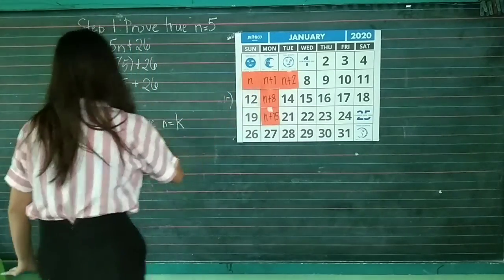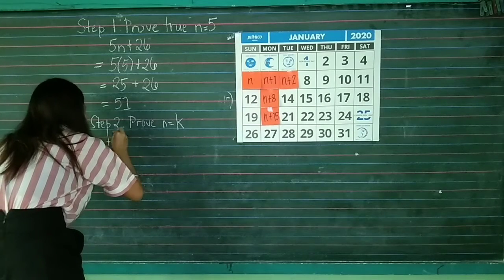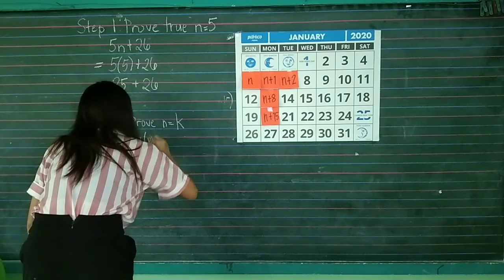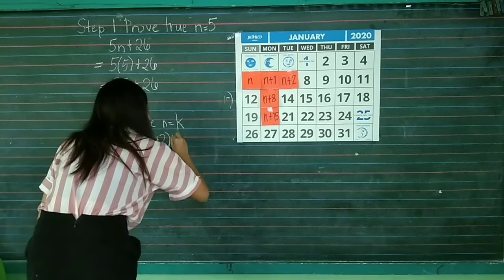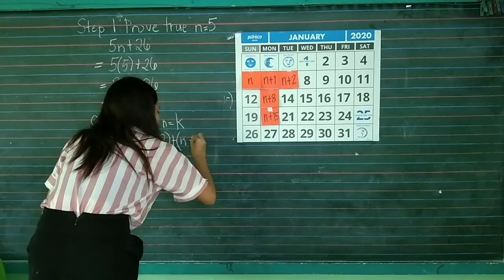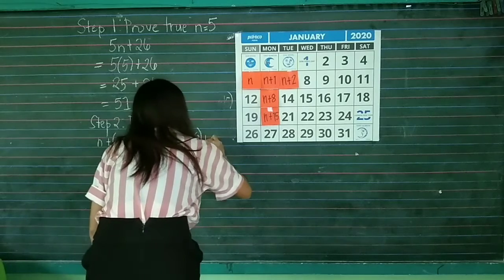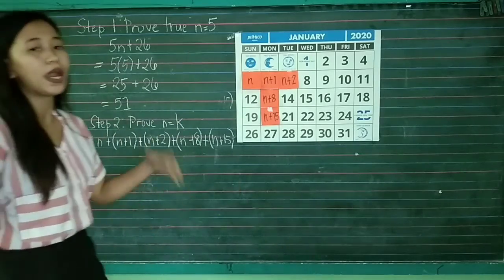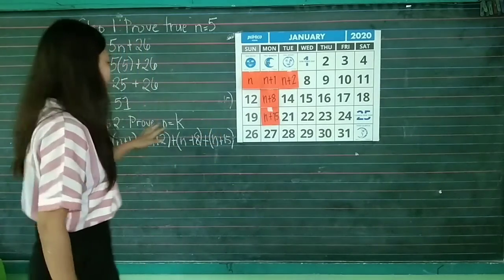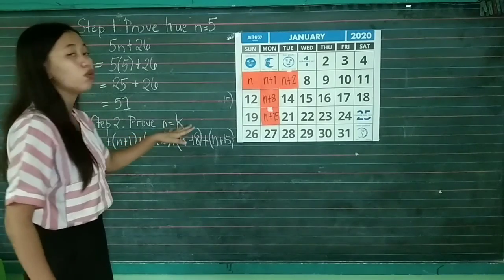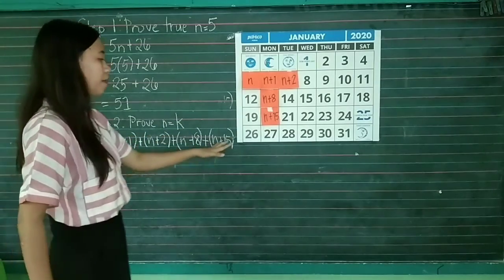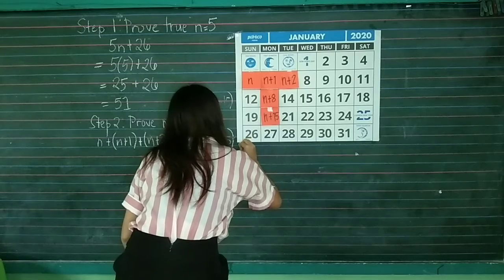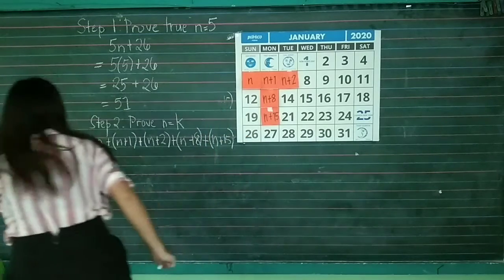Let us write it here: n plus 1 plus n plus 2 plus n plus 8 and n plus 15. In step 2 of mathematical induction, what we do is replace n with k. So all the n here will be replaced with k. Is equal to, wait, there should be an equal sign. Let me fix that.